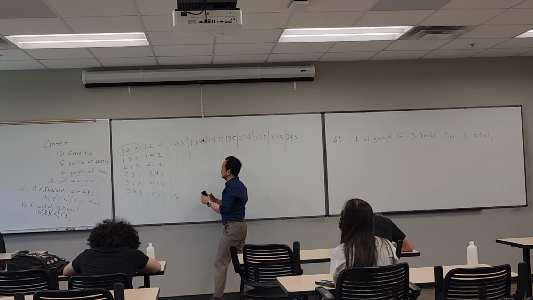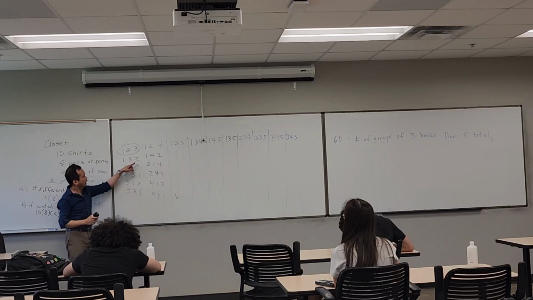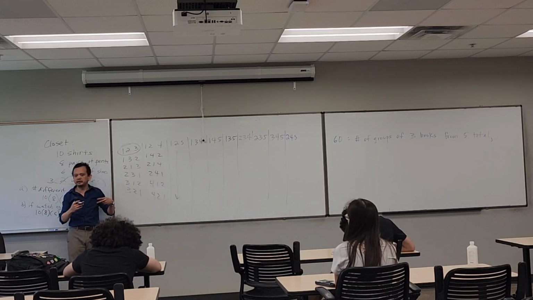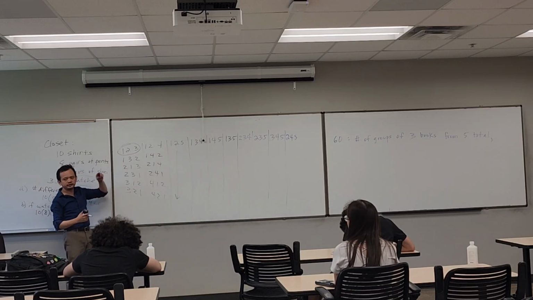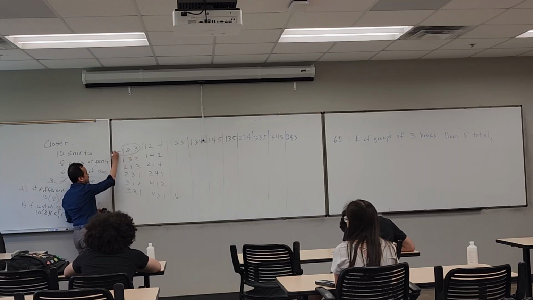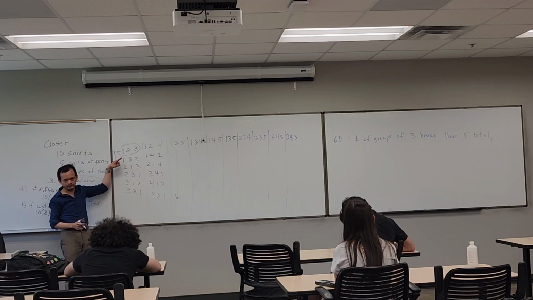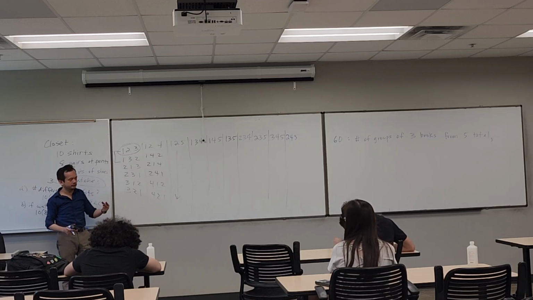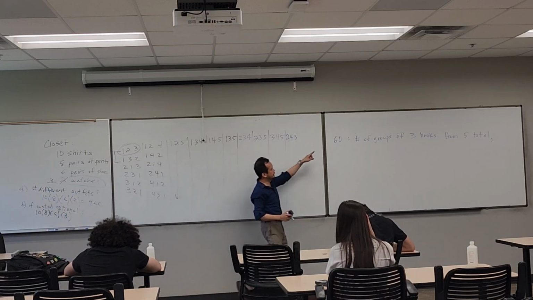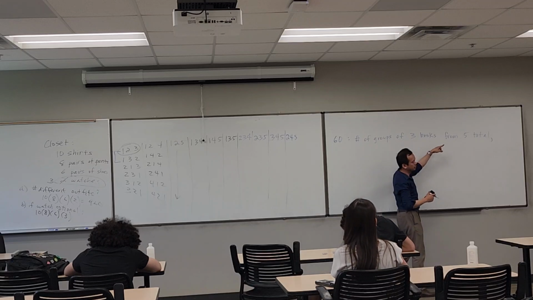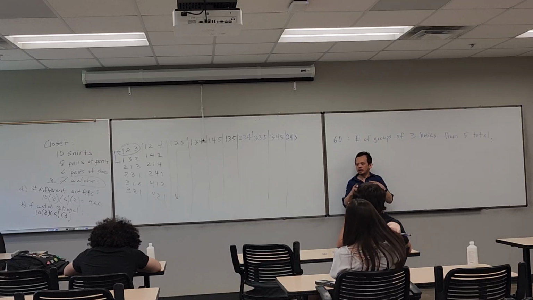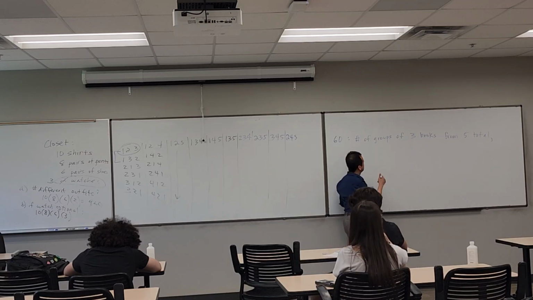Where the order of the books within each group actually matters. So we say order matters because the same 3 books in a different ordering gets counted as a different possibility. So the 60 here is the number of groups of 3 books from 5 total, where the order within each group matters.